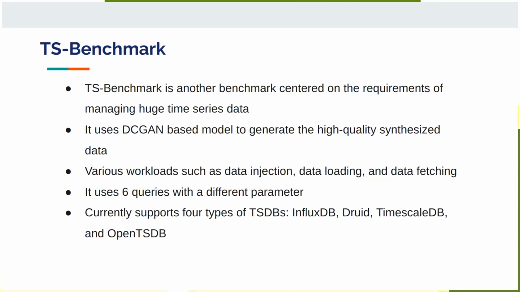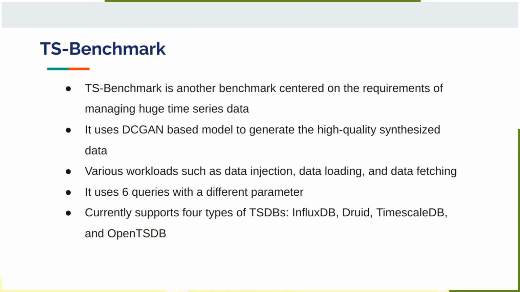The third benchmark I have studied is TS benchmark. It is the latest benchmark; the paper on this was published in 2020. It is centered on the requirements of managing huge time series data. The different thing about TS benchmark is that it uses a DC GAN based model to generate high quality synthesized data.